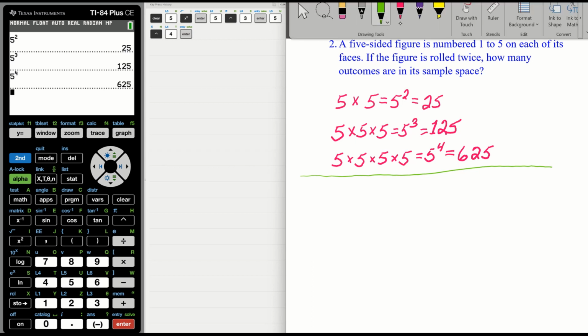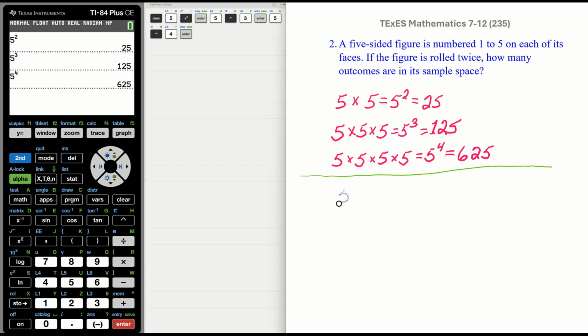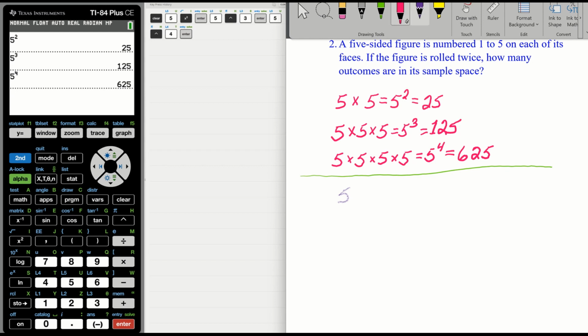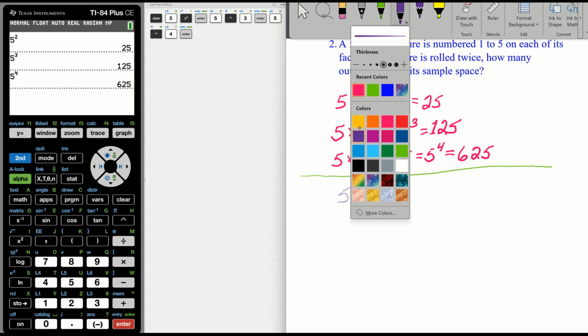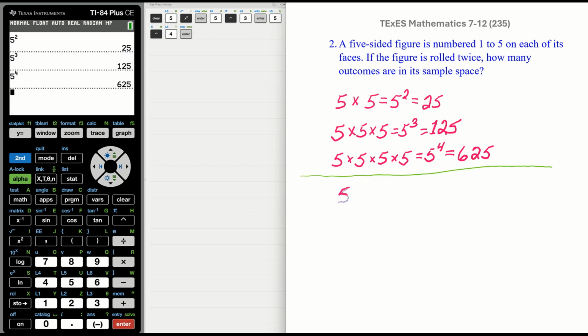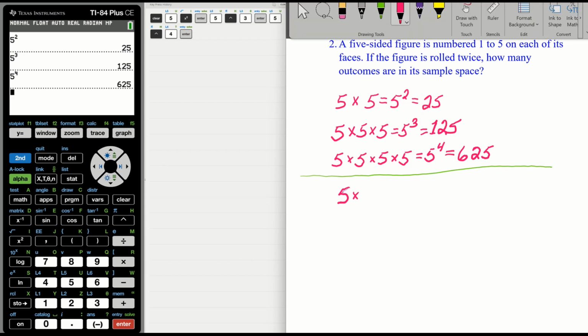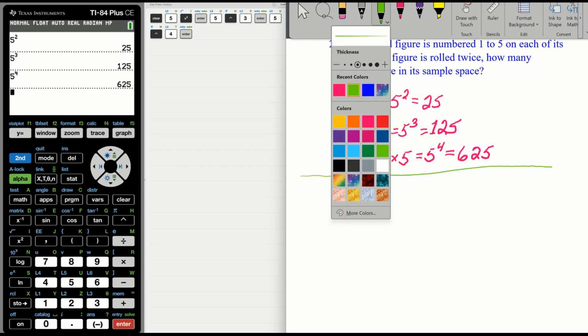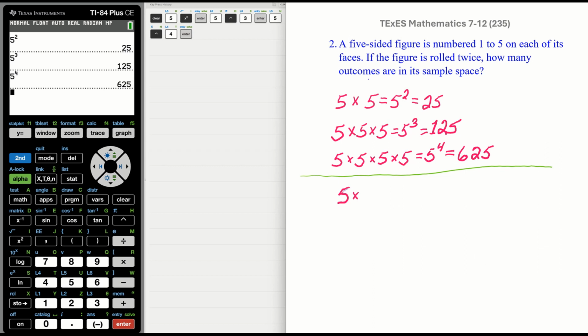So let's say we have our five-sided, but then let's change color for this part. So let's say we go to a regular die.